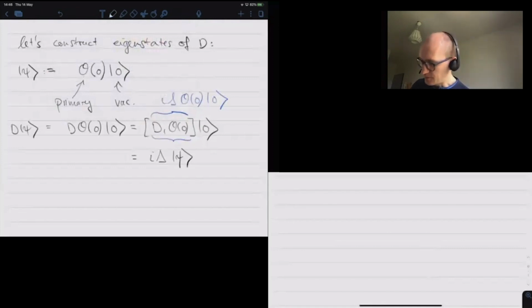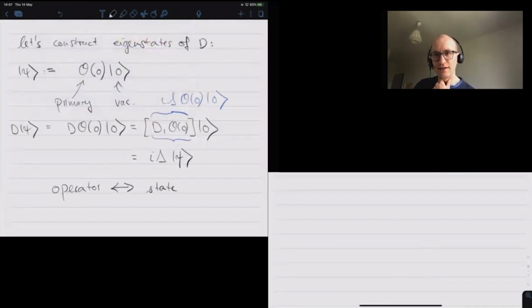Good. So this means that to the operator O, we have associated a state. And that is what in the CFT language one usually refers to as the operator state correspondence.